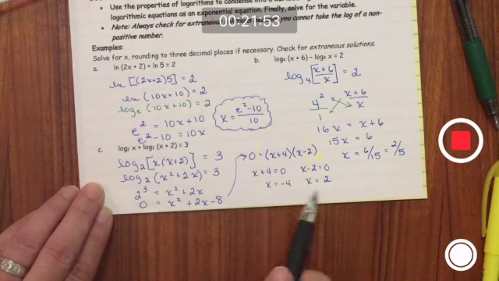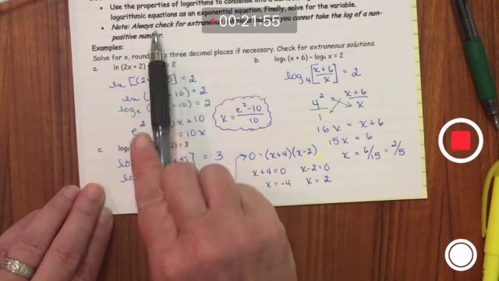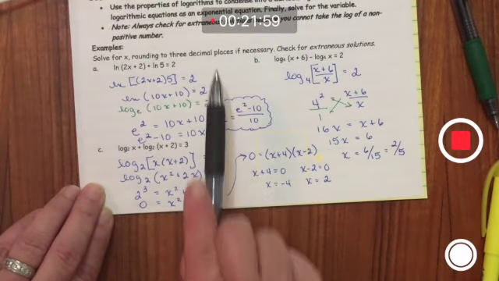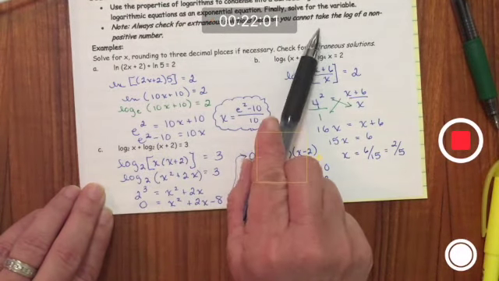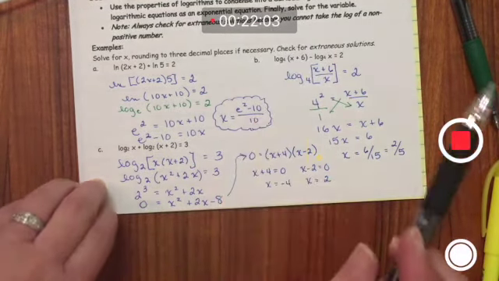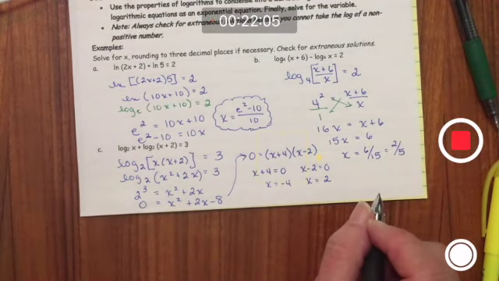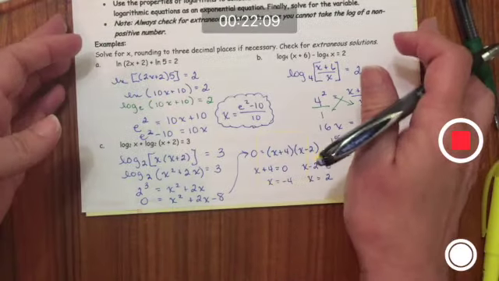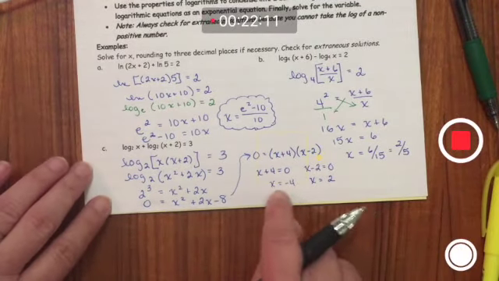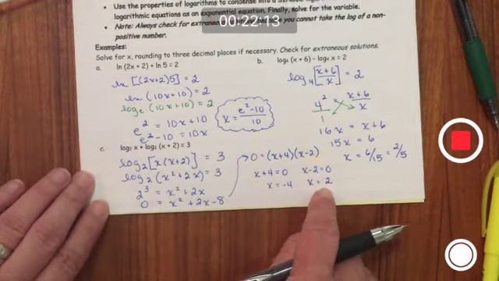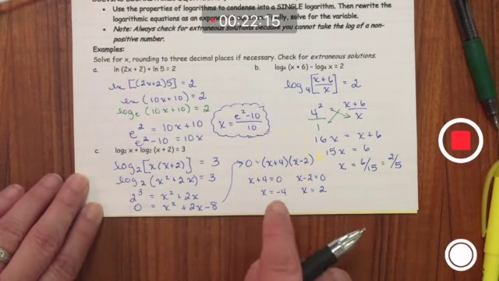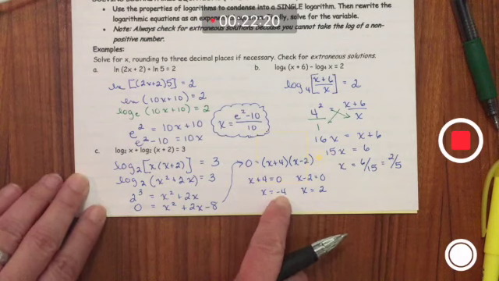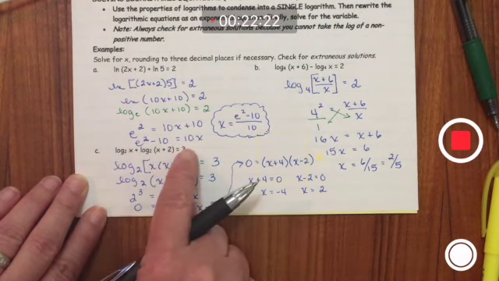So now I have two solutions, and it says up here, always check whenever we're doing logarithmic equations. You always have to check to make sure that you're not trying to take the log of a non-positive number. If you try to take the log of a non-positive number when you get these solutions, then we would call one of these solutions an extraneous solution. So let's go back up. We're going to take this -4 and put it back into the original equation.